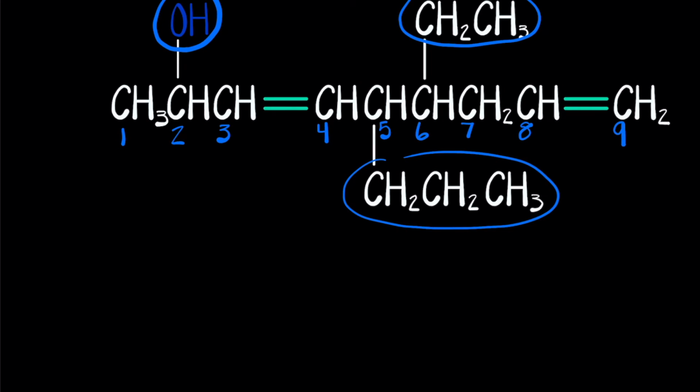So keep alphabetical priority in mind at all times when doing nomenclature, second behind the priority list. So ethyl comes before propyl. So 6-ethyl, 5-propyl.